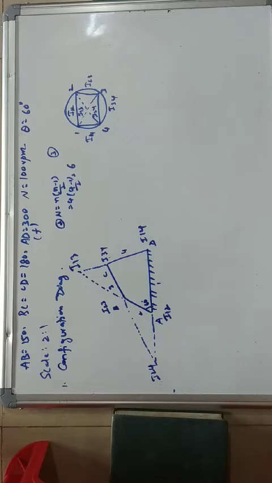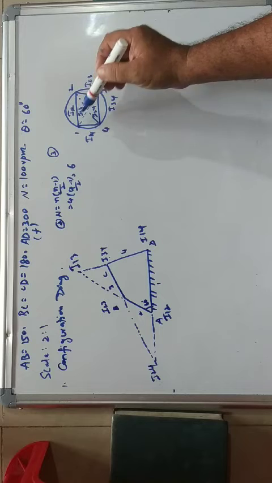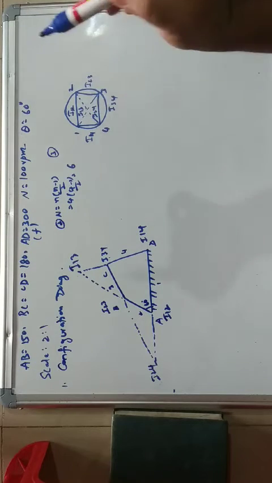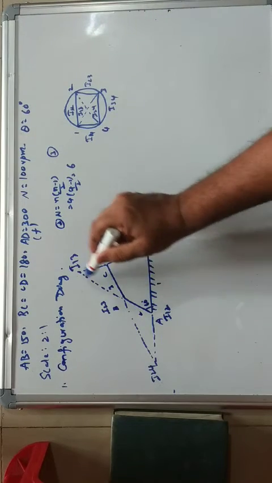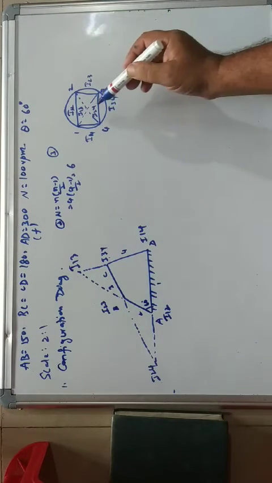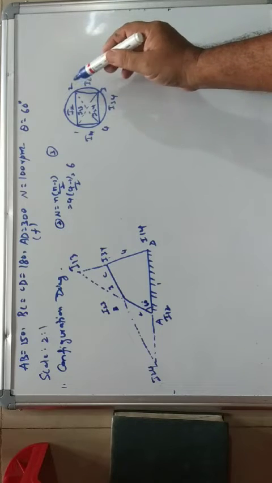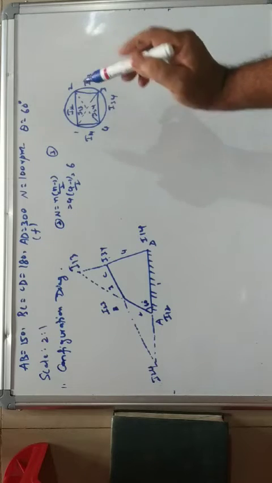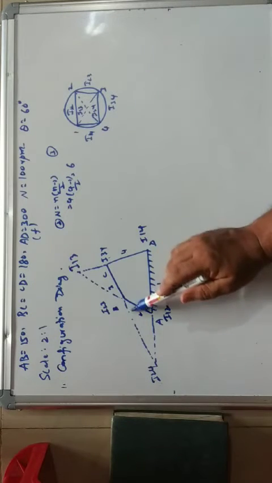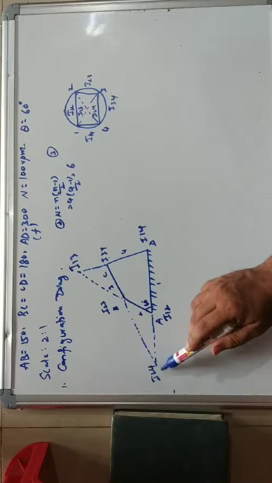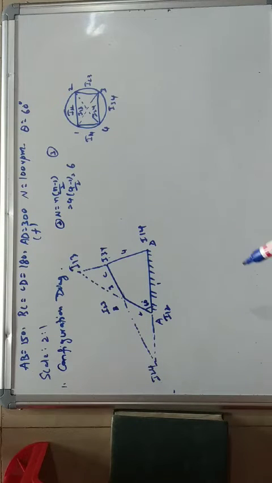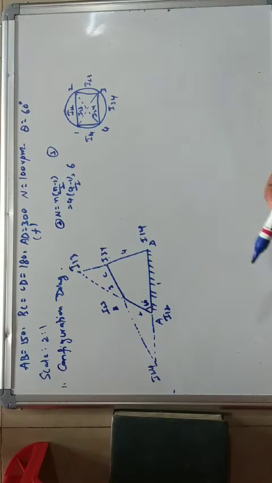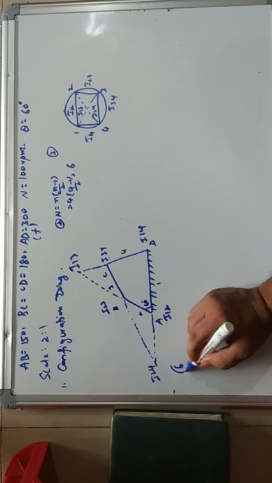Once again, I13 is the extension of 14-34 and 12-23. I24 is the extension of 12-14 and 23-34. Like this we have located all 6 instantaneous centers.